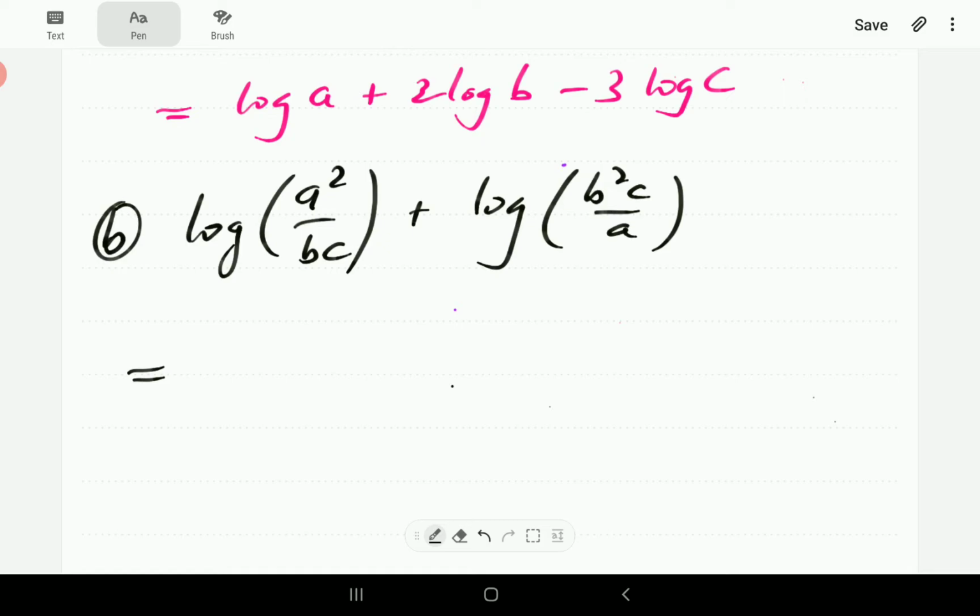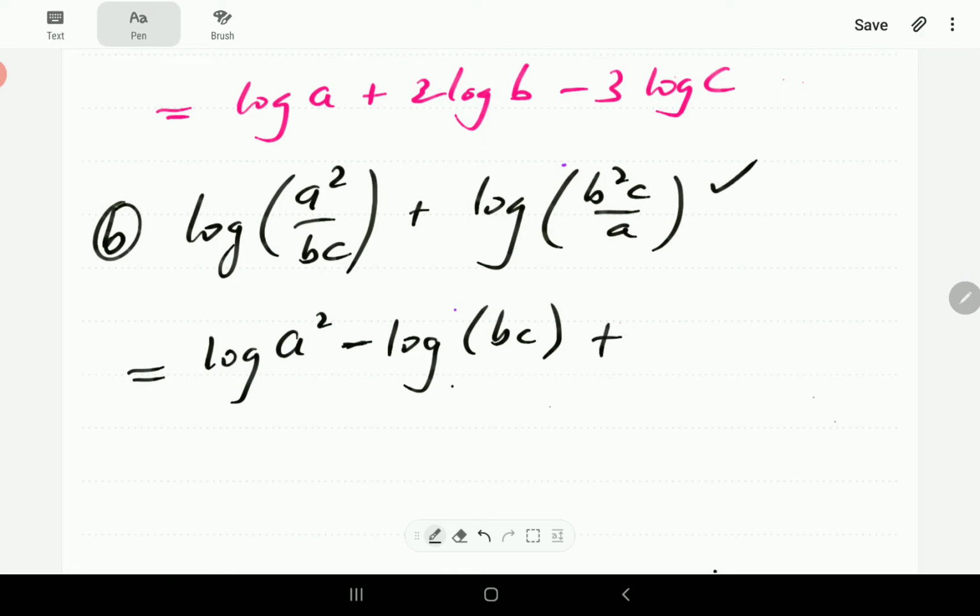So if we start with the property of the log of a fraction, for the first term it's going to be log of the numerator minus log of the denominator.